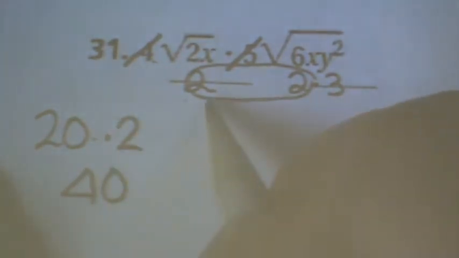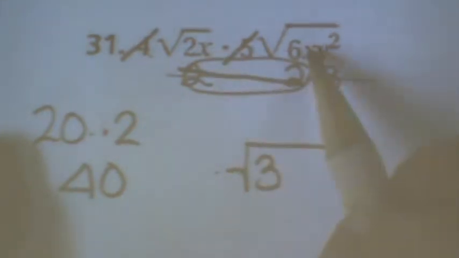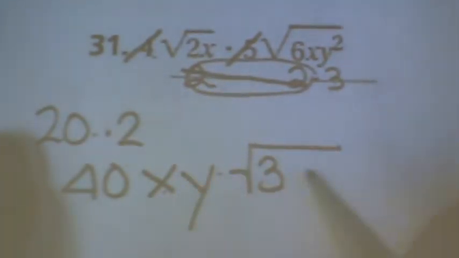So this 2 comes out here, so I really have 40. Done with the 2's. I'm going to leave a little bit of space here and put a 3 here because that 3 has no partner. Now look at your x's. You've got 2 x's, so I can just pull out both of them and put a 1x. And I've got 2 y's here, so I'm just going to pull them both out and make 1 y. So that's your answer.